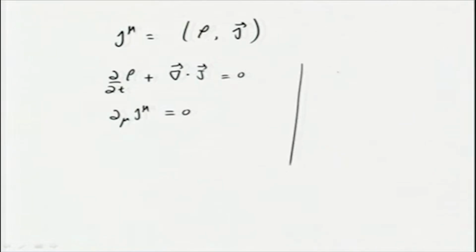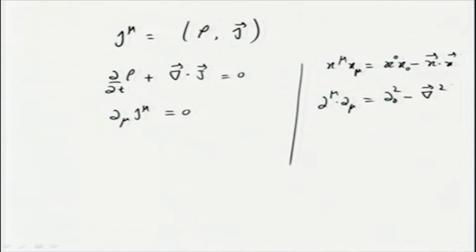Just as an aside, x^μ we had as x^0 minus x vector. This was also the case where we had the operator ∂^μ∂_μ equal to ∂_0 squared minus grad squared, with a relative sign.